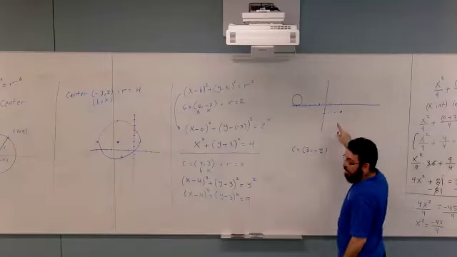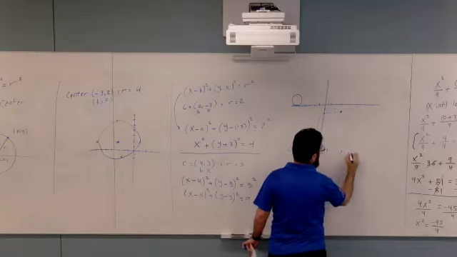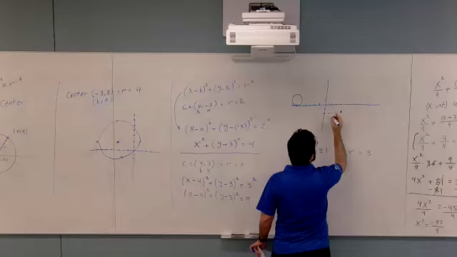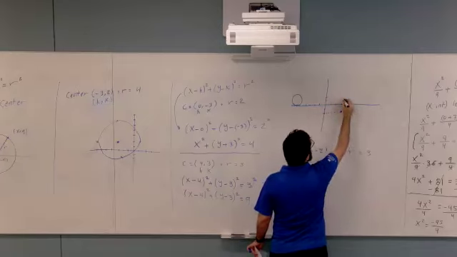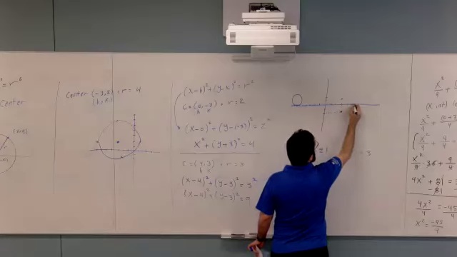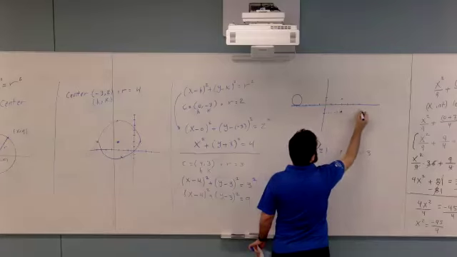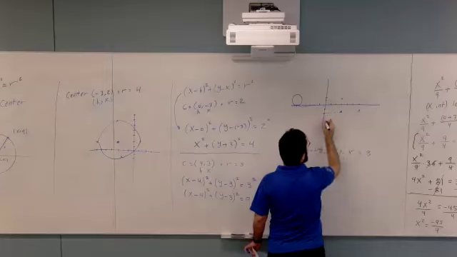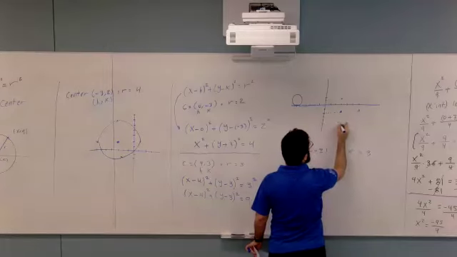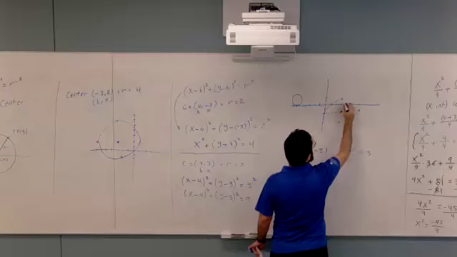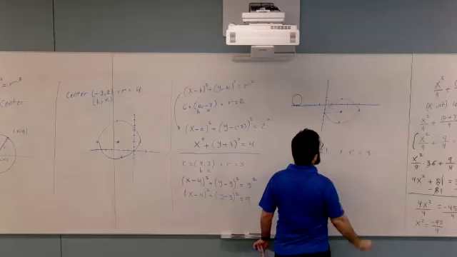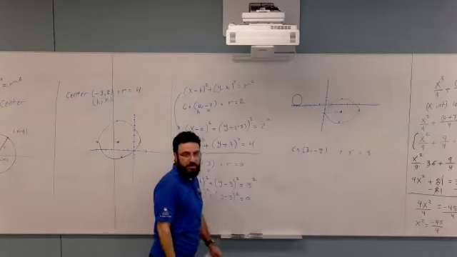So from this information, we know that the radius equals 3. That means 3 from here, 1, 2, 3 here, 3 here, 1, 2, 3 here. So here is the circle. It should look like this. Okay?